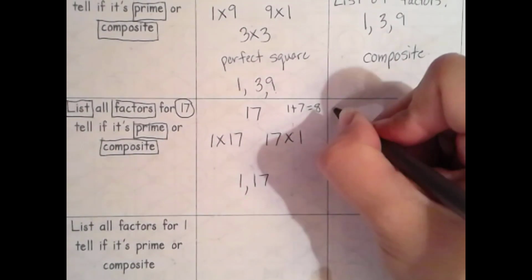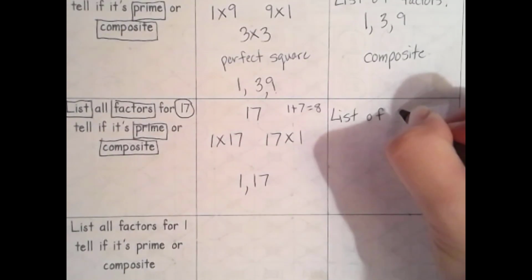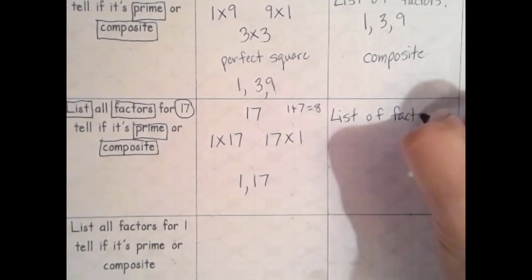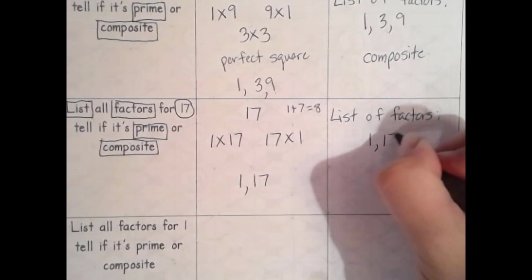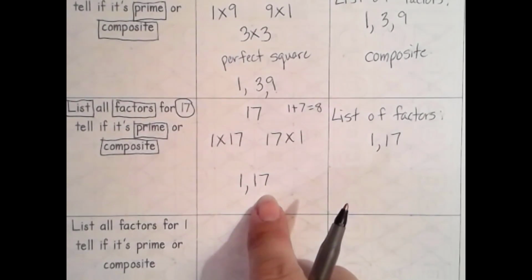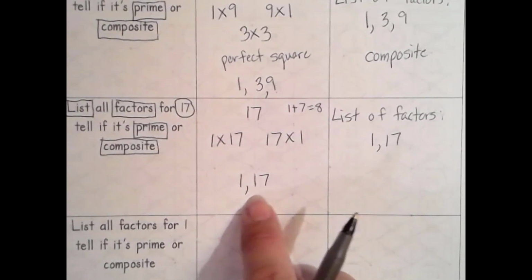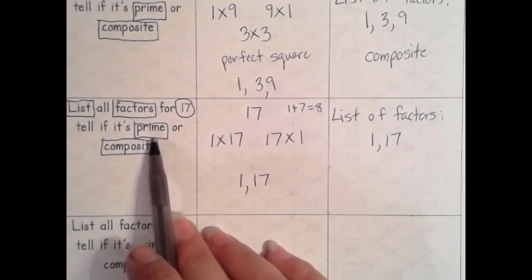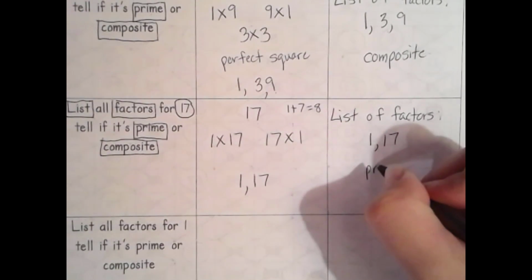So our list of factors is 1 and 17. How many factors is that? 2. Exactly 2 factors. Well, that's the definition for prime. So this is a prime number.